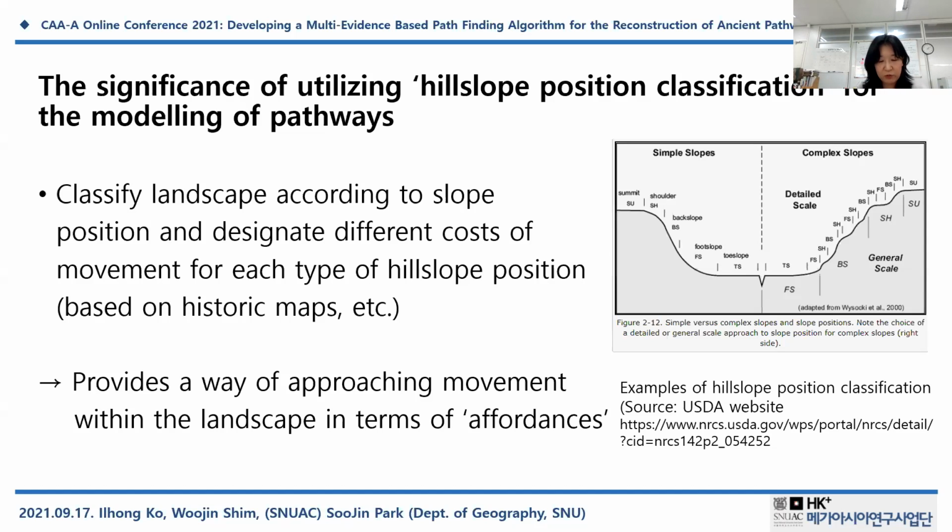And so, for example, we designated a very low cost to toe slopes. And also we distinguish between mountainous regions and flatland and low-lying hill regions in designating the costs for each hill slope position unit. So this is what we did.